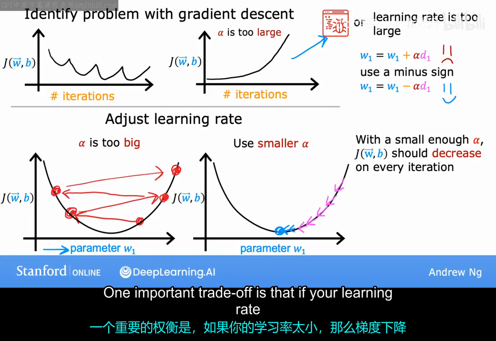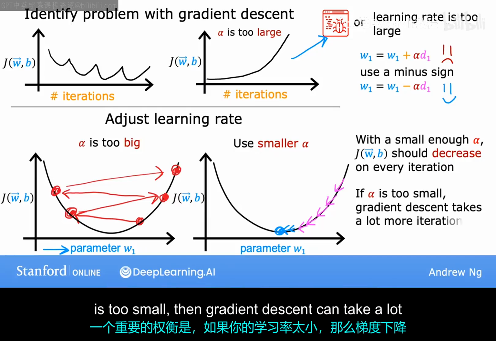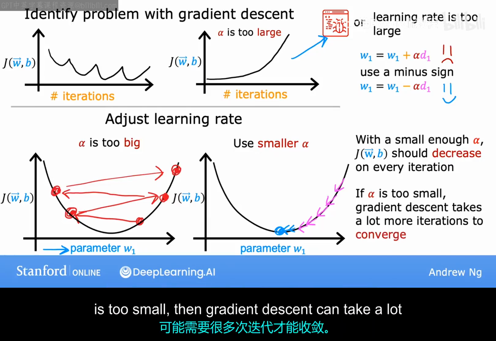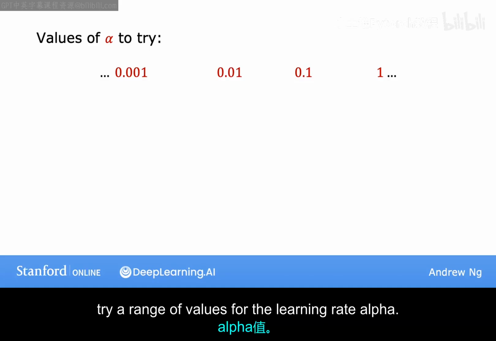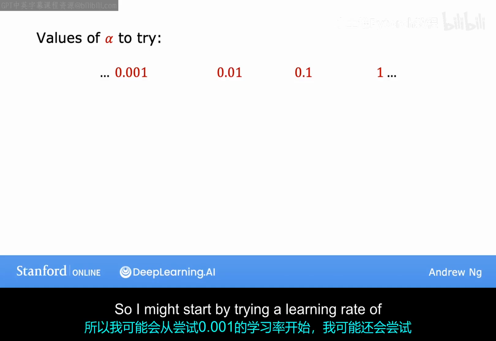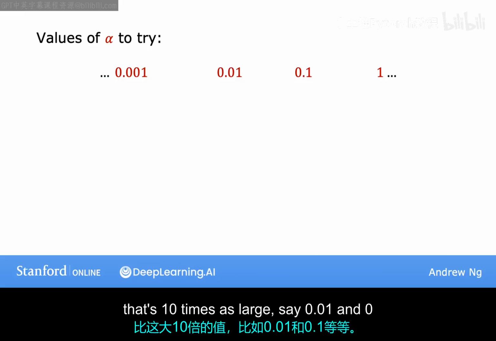One important trade-off is that if your learning rate is too small, then gradient descent can take a lot of iterations to converge. So, when I am running gradient descent, I will usually try a range of values for the learning rate alpha. So I might start by trying a learning rate of 0.001, and I might also try a learning rate that's 10 times as large, say 0.01 and 0.1 and so on.